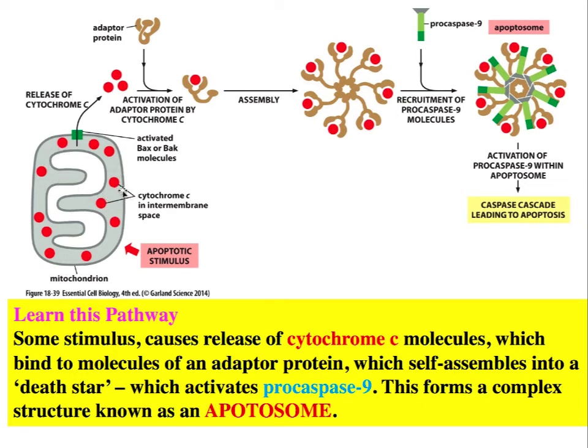It's not allowed to leave because it's too large to pass through the outer mitochondrial membrane. But if it does enter the cytosol, it acts as a poison. The release of cytochrome C is under the control of two proteins called BAX and BAK. And those proteins can open channels that can release cytochrome C into the cytosol.